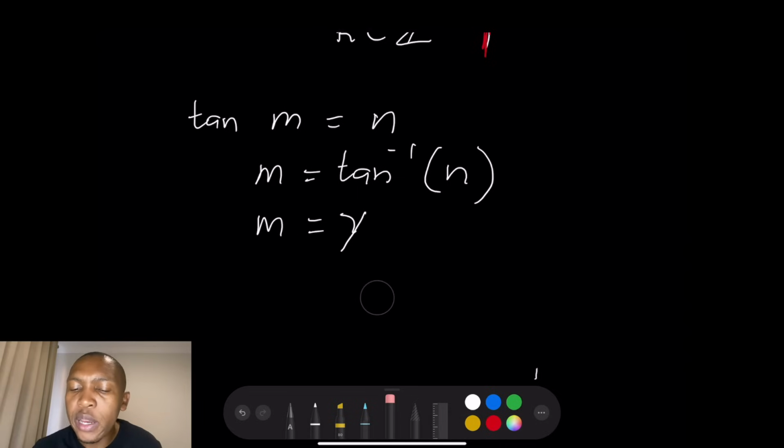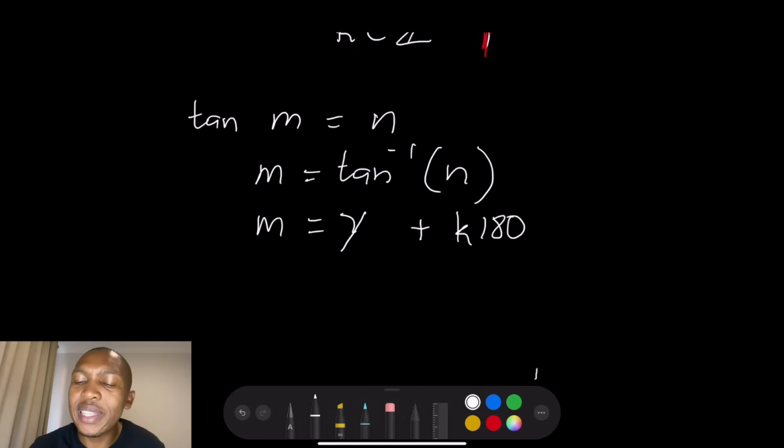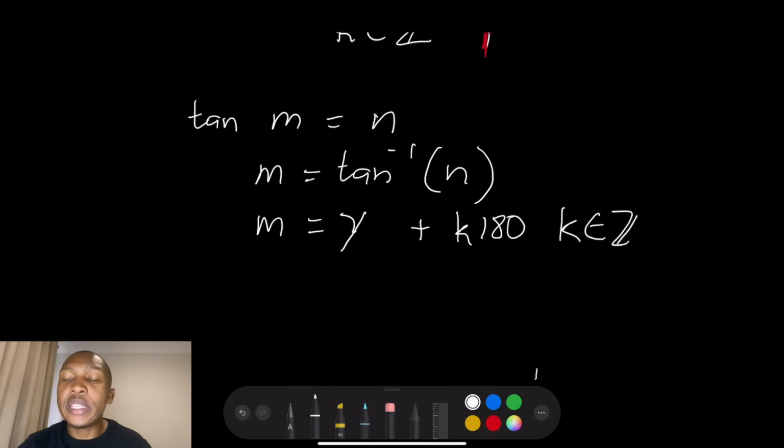So what I know is that when I find the solution for x, for tan, I always need to say, we're not going to have plus or minus or anything else, but I am just simply going to say plus k, now not 360 this time, plus k 180, and again k is an element of integers. So those are the things that we always need to keep in mind when we are finding our solutions.